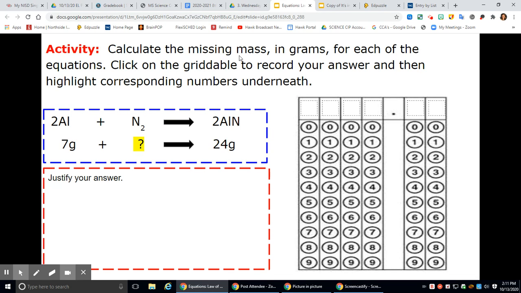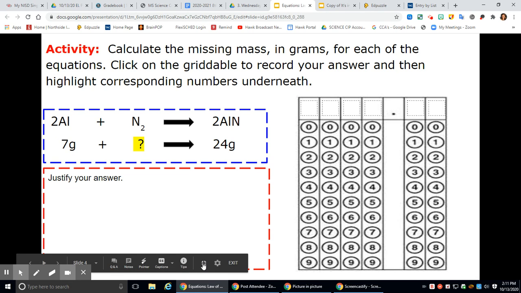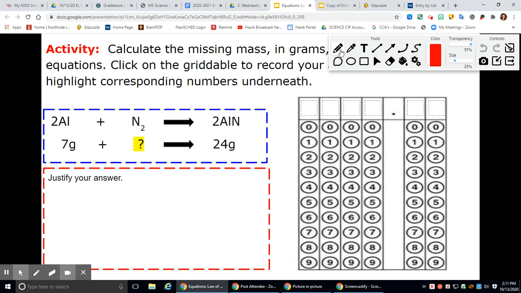For our activity, we're going to calculate the missing mass in grams for each of the equations. We'll click on the griddable to record our answer and then highlight the corresponding numbers underneath. So here we have 7 grams of a substance plus how many grams of a substance are going to equal 24 grams in our products.